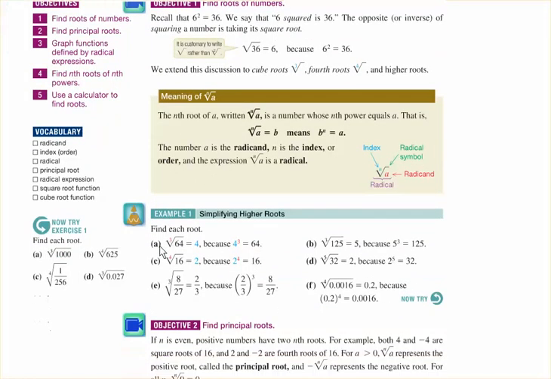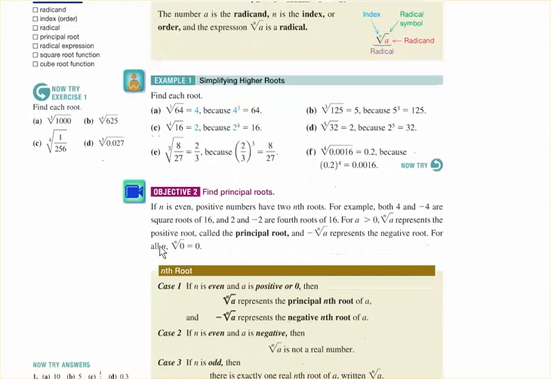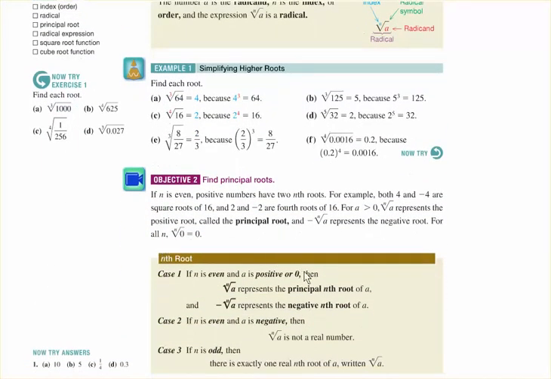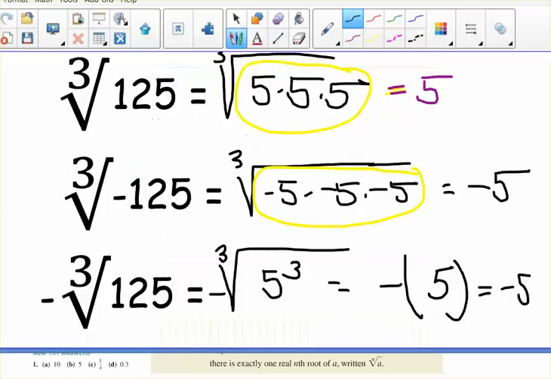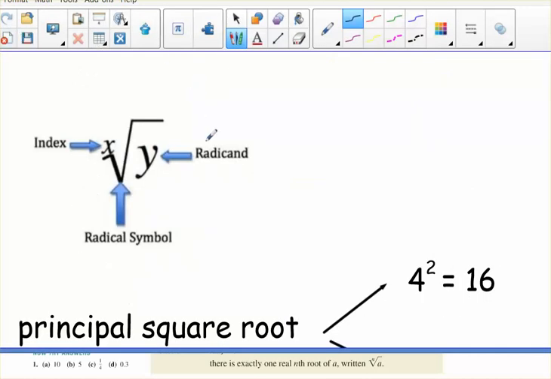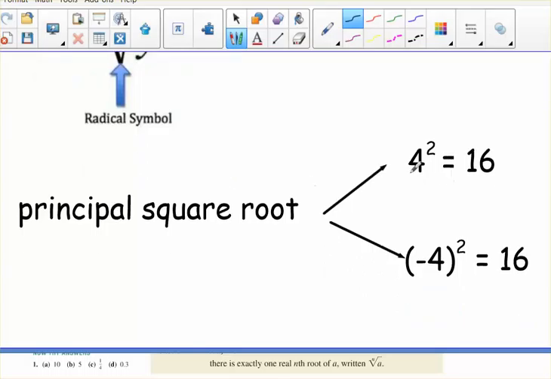Back to our textbook. They spend a little bit of time talking about principal roots. And this is an important idea because every time you take, let's say, square roots, if we were looking at 4, if we square 4, we get 16.